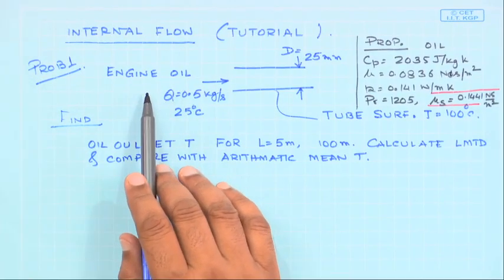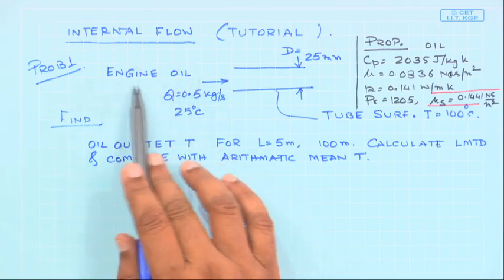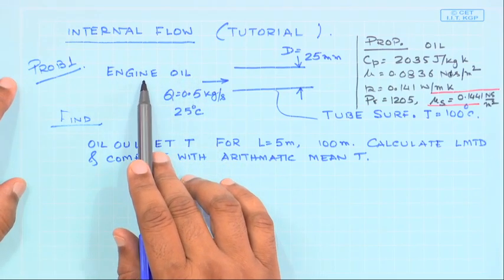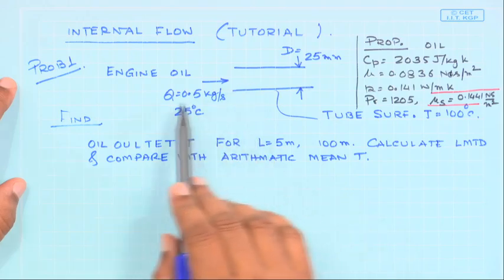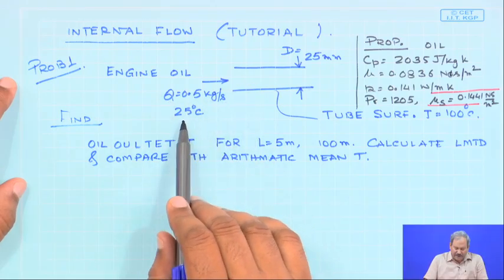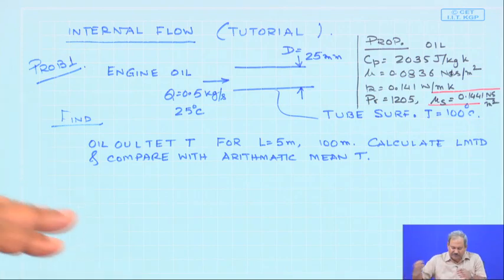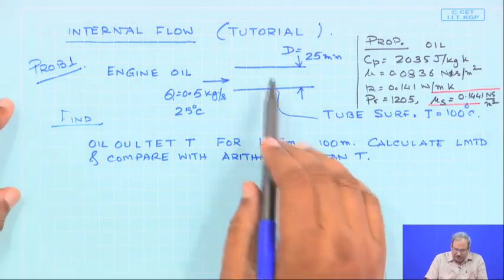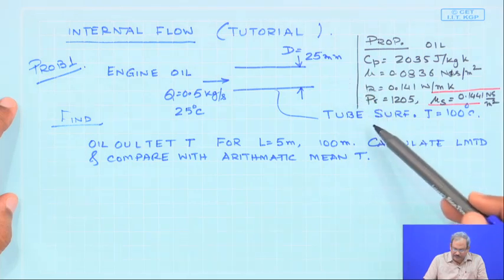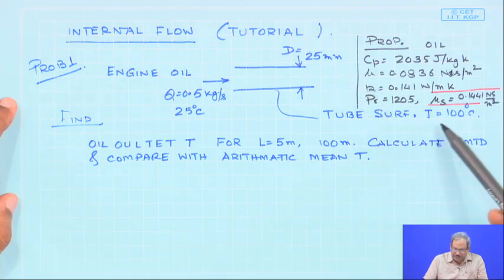So, the first problem deals with a fluid, engine oil, which is characterized by a high value of Prandtl number. Engine oil is entering at a rate of 0.5 kg per second and at a temperature of 25 degrees centigrade into a tube whose diameter is 25 millimeter, and the tube surface temperature is maintained constant at 100 degrees centigrade.